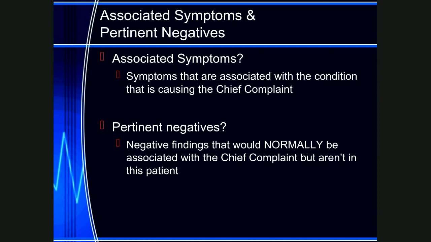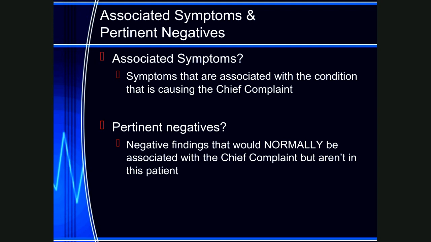Well, usually they would have shortness of breath and pain that radiates to the jaw, and they're most of the time diaphoretic with a chief complaint of chest pain. Those are associated symptoms for chest pain: shortness of breath, pain that radiates to the jaw, diaphoretic.